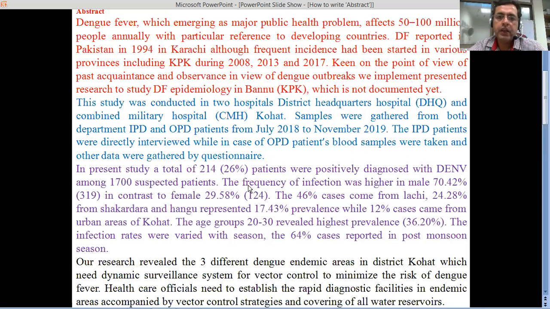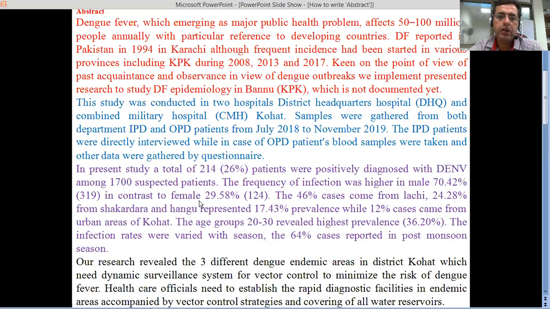Okay, so the methodology section is followed by results. You state in your abstract that you have used these methods, and now you are stating that you got these results. So you should briefly describe your results. You don't have to reproduce all the results inside your abstract, because that would make the abstract longer.